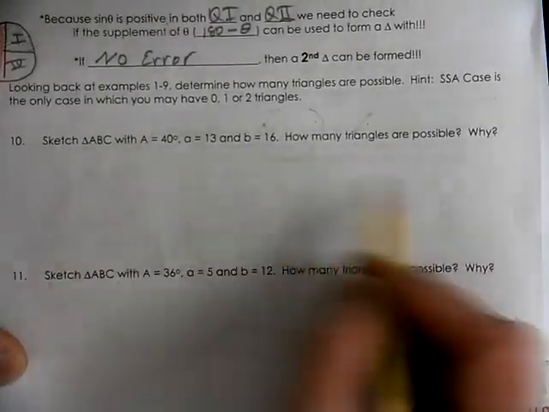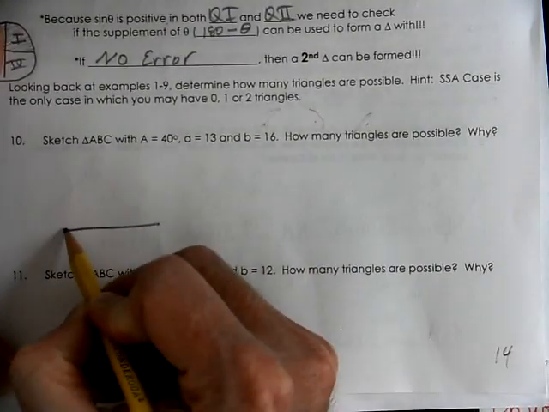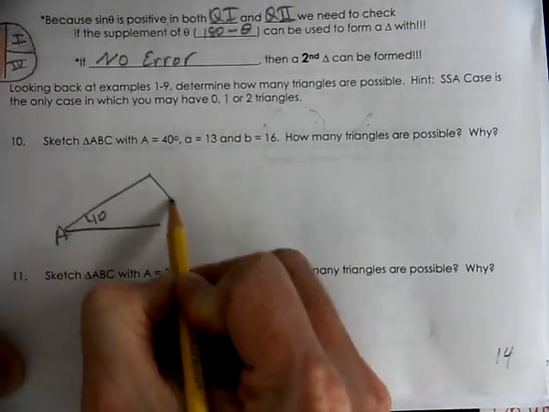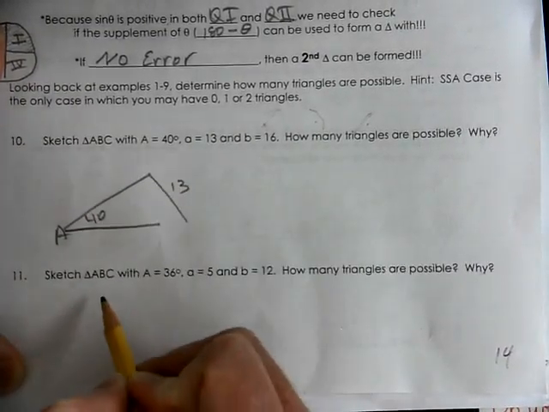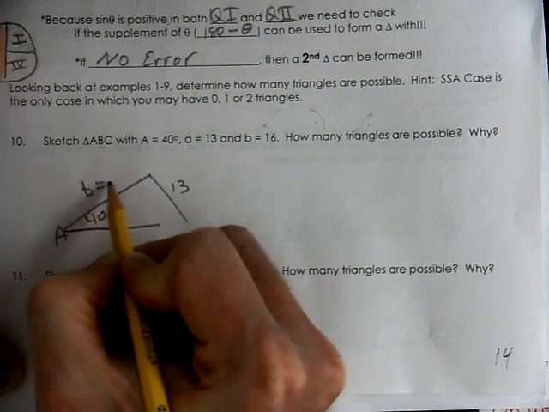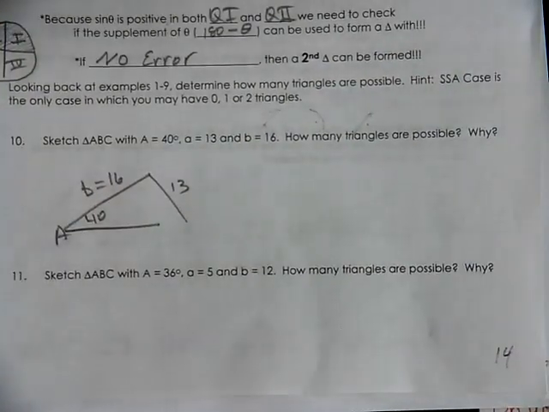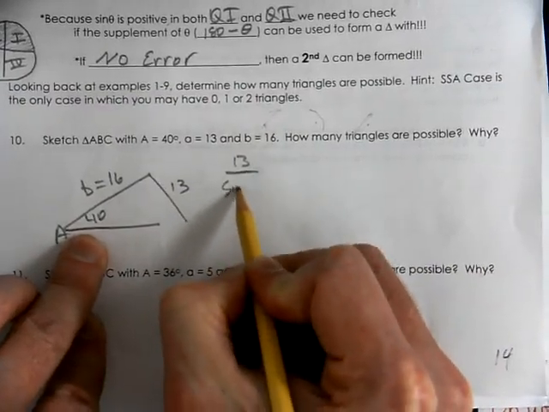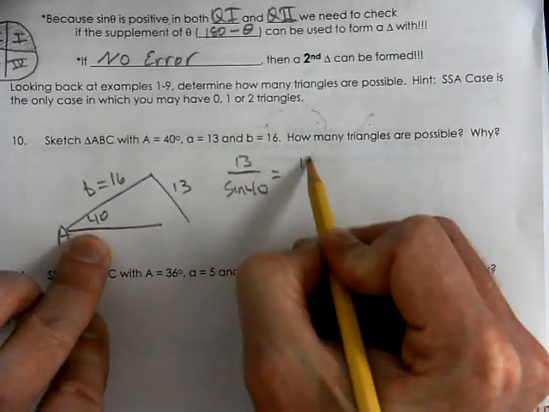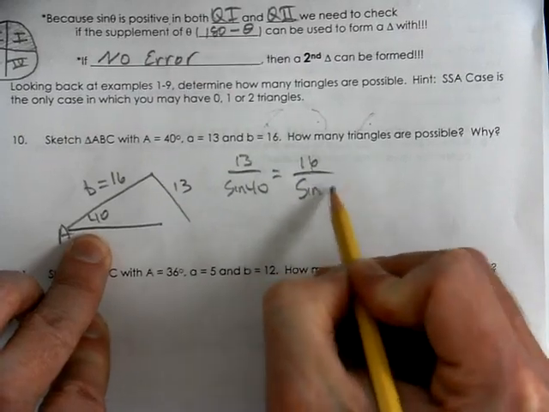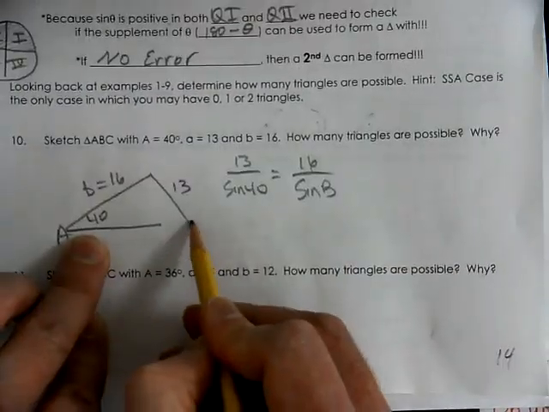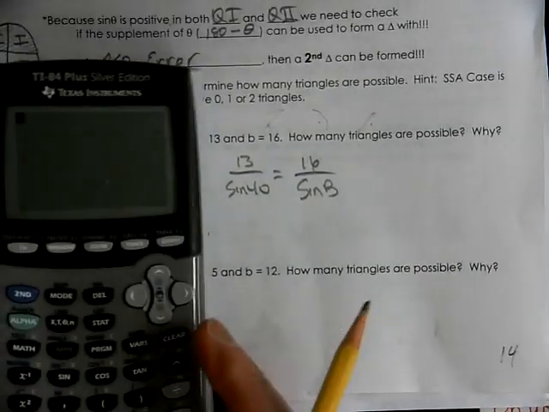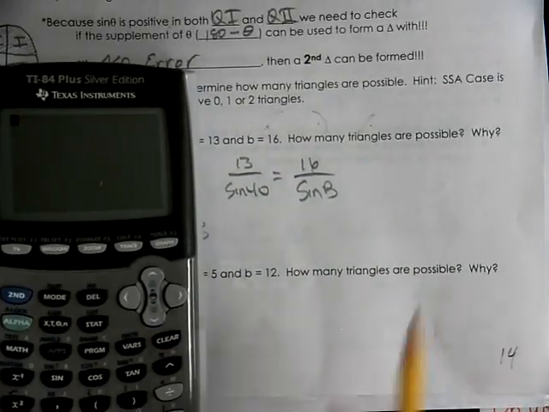So how many triangles can be formed in this situation? We have 40, we have 13, and we have 16. So if you do your 13 over the sine of 40 equals 16 over the sine of B, and we get a value that's greater than 1, then we're going to have no triangles formed.